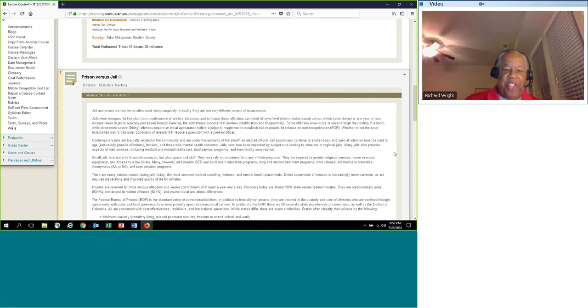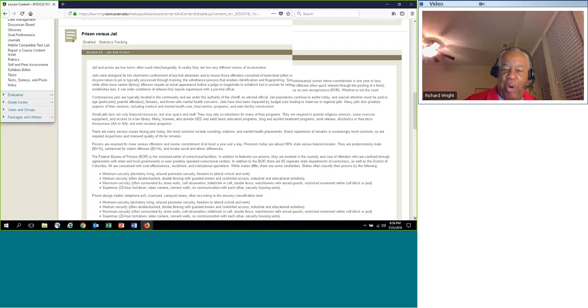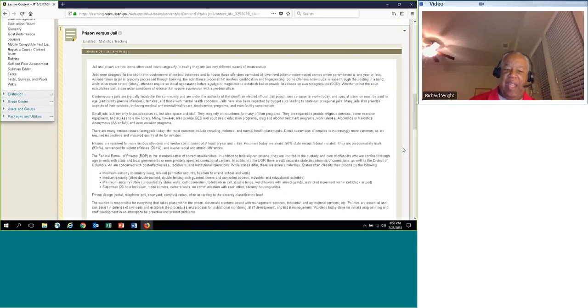So now that's jails. There are a lot of issues with jails because of the budgetary issues. More and more educated jailers, and even correction officers, are now working in the jails, and it is providing more professional assistance to the inmates.